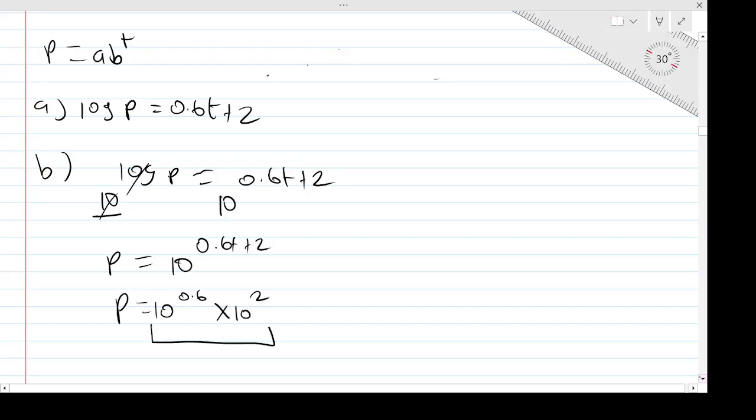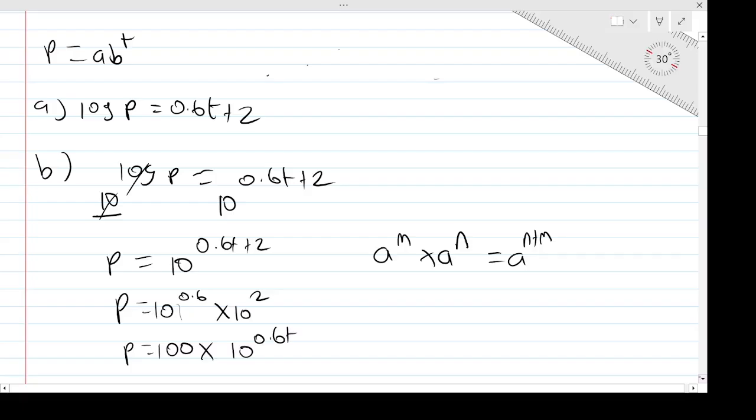This is just simply the power law: a to the power m times a to the n, we add the powers. So here we're adding 0.6t and 2, so I can split it up in this way. And actually 10 to the 2 is just 100, 10 squared is 100. So I can say p is 100 times 10 to the 0.6t.